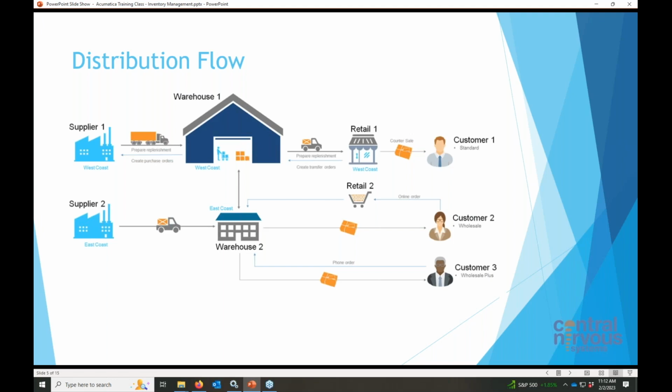And then here our retail two has online options. So customer two has created that online order and we've shipped that out. So that's the basic distribution flow. Of course, there's many different varieties and configurations here, but this is just a basic one.